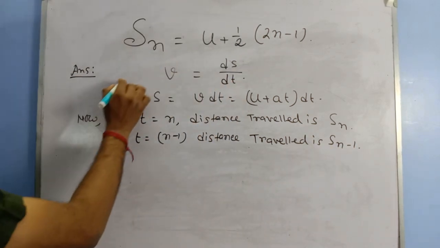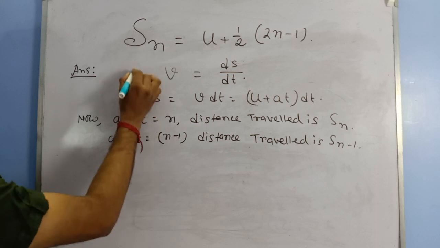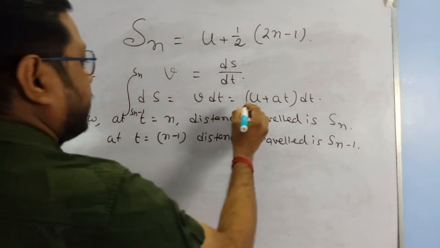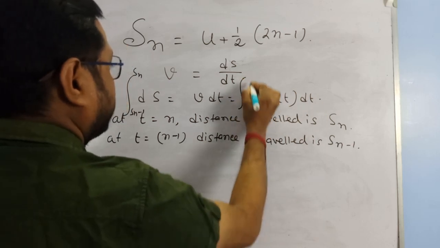So here we can take the integral from Sn minus 1 to Sn, and the integration from n minus 1 to n.